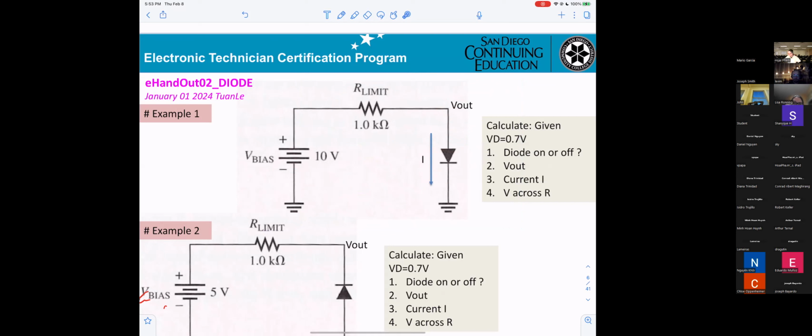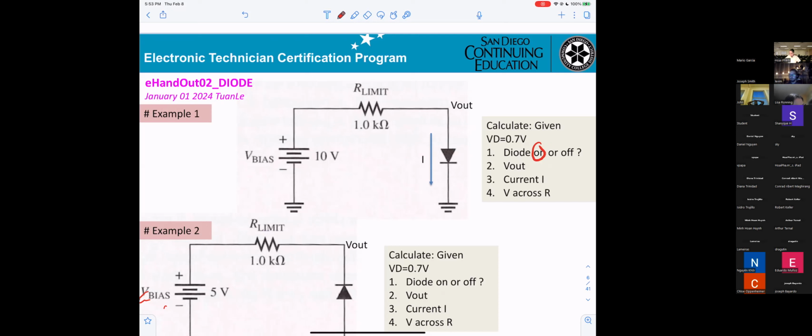If it's higher than the other side, then the diode will be on. So in this example, the diode will be on. That is the first thing you must know.